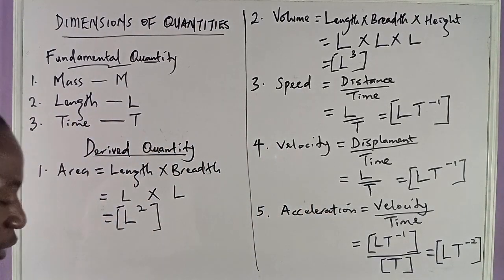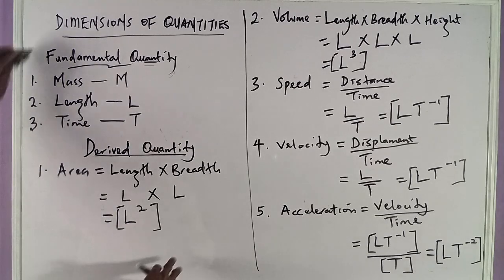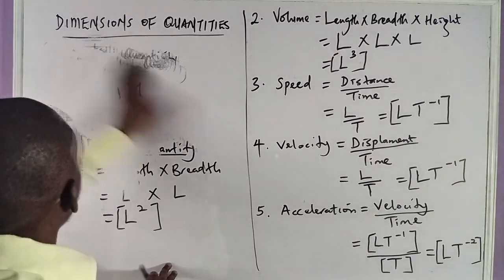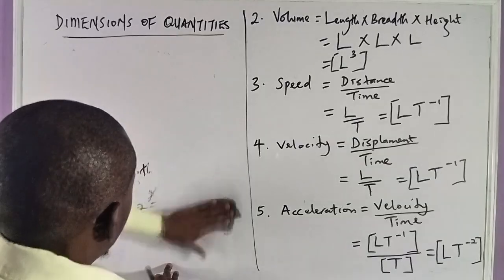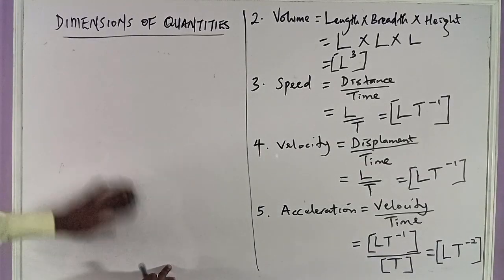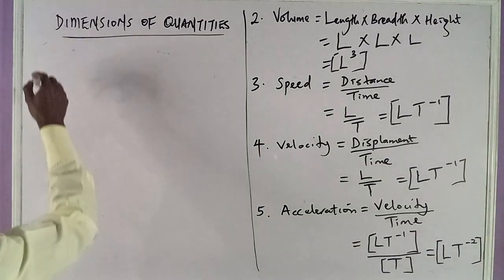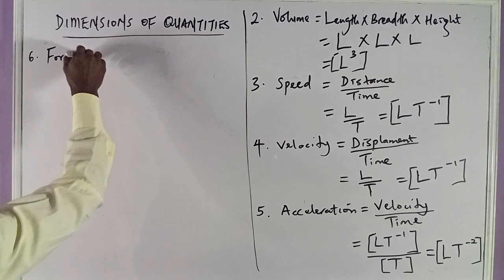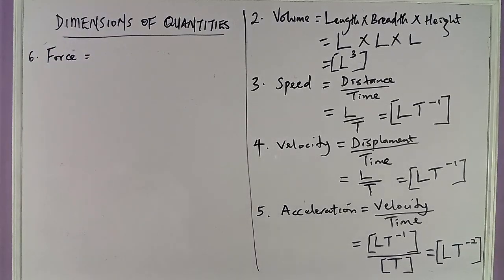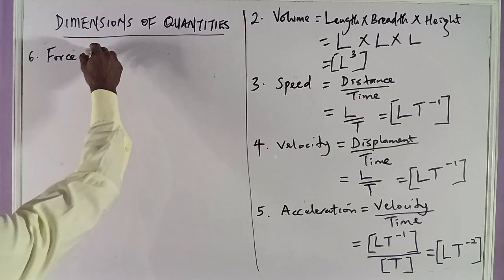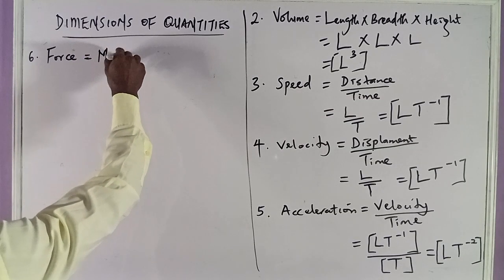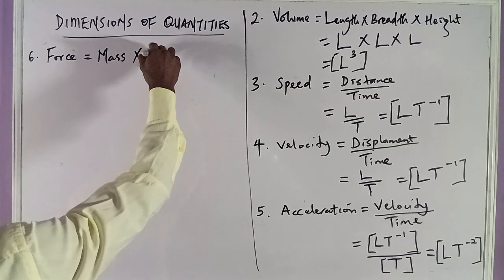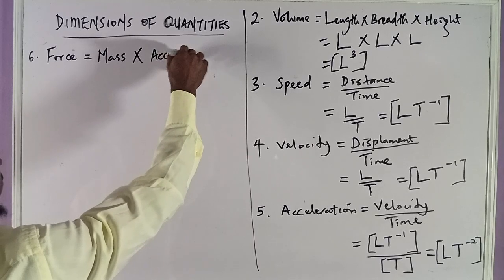From acceleration, we'll be doing force. We'll be getting the dimensions of force quickly. That's number 6. Force. Force can be gotten from the product of mass and acceleration. So mass multiplied by acceleration.